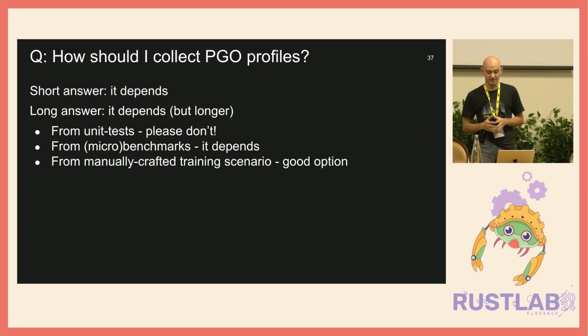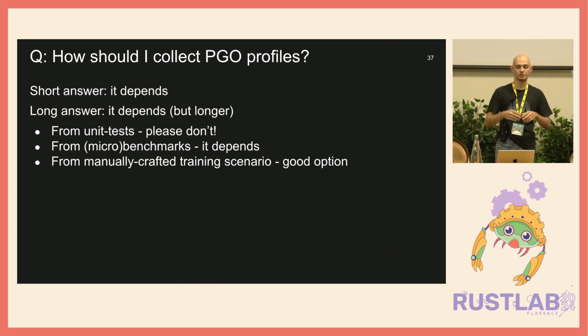A manually crafted training scenario is a good option. Actually, almost all open source projects use this way. For example, if you want to PGO-optimize a compiler, you can write a simple bash script where you compile some sample program, collect PGO profiles, and optimize your compiler.